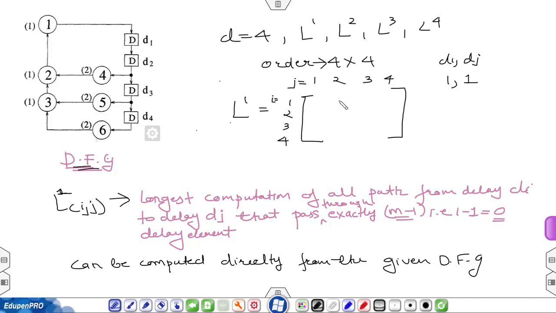Calculating 1 comma 1, I have to find the longest computation time of all paths that originate from D1, pass through 0 delay elements and end at D1. So this path is practically not possible. So no such path exists. In that case, the value is minus 1.